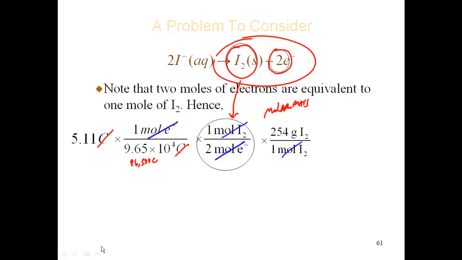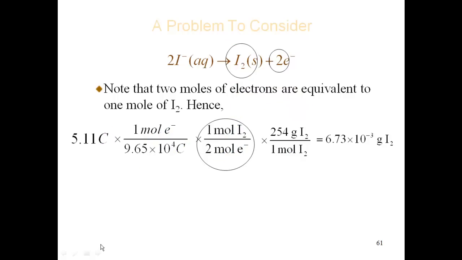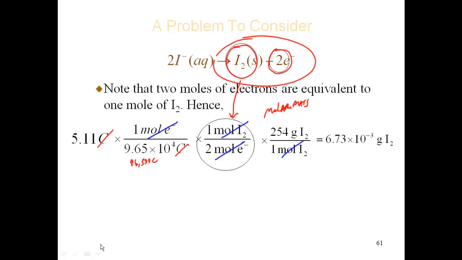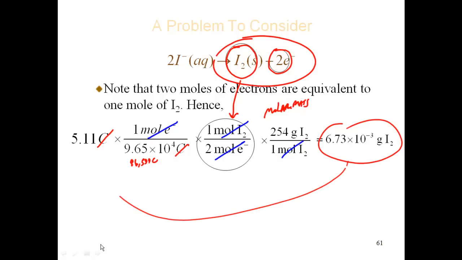If I multiply all this out, I figure out that there's 6.73 times 10 to the negative third grams of I2. This is the amount of I2 that's going to be generated from that amount of coulombs, which came from that 8.52 milliamps for 10 minutes. It's going to generate that amount of coulombs, which will then produce this amount of I2.